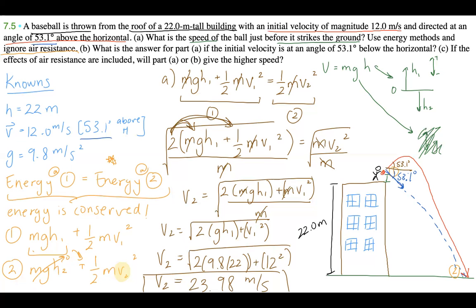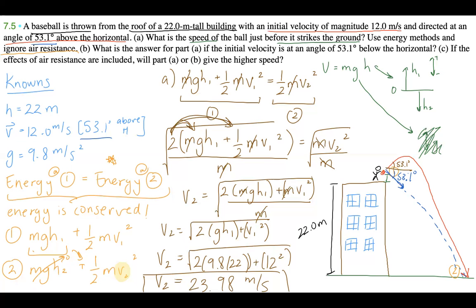which begs the question, part C. If the effects of air resistance are included, will part A or B give the higher speed? Okay, think about this now. So, what is air resistance? Air resistance is almost this type of friction, right? And so if we have a longer path, we're going to experience more air resistance.